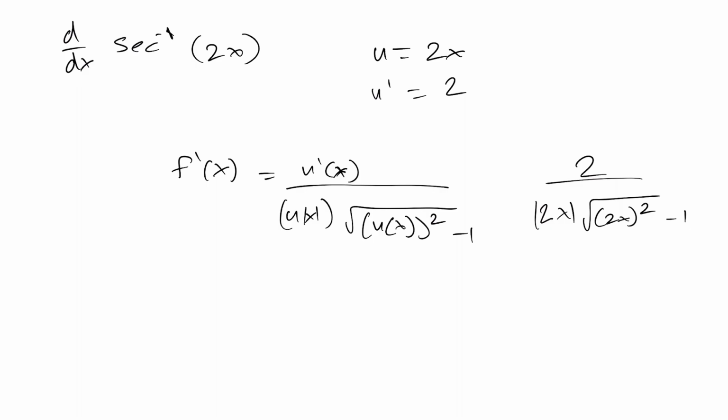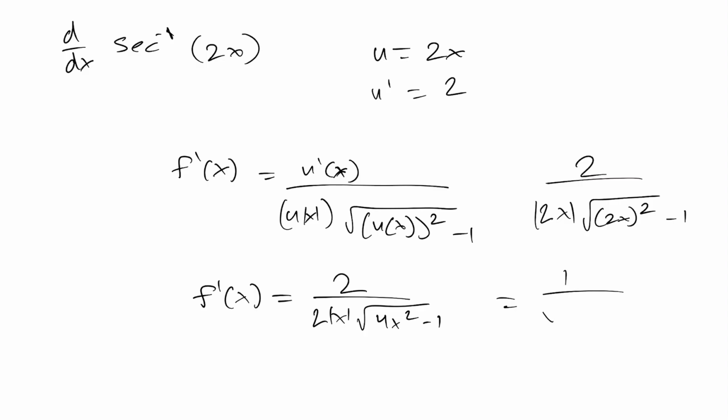And then when we simplify this, f prime of x, or the derivative, is going to be equal to 2 all over 2 times x times the square root of 4x squared minus 1, which can be simplified further to 1 over x times the square root of 4x squared minus 1.